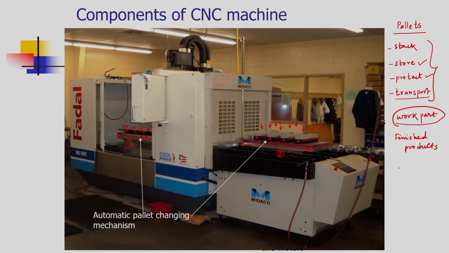So, this again saves production time and reduces the lead time in manufacturing. The design of the pallet, the pallet transport system or pallet changing system varies from machine tool to machine tool.